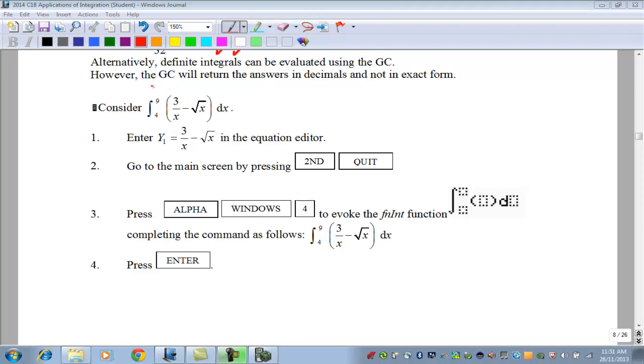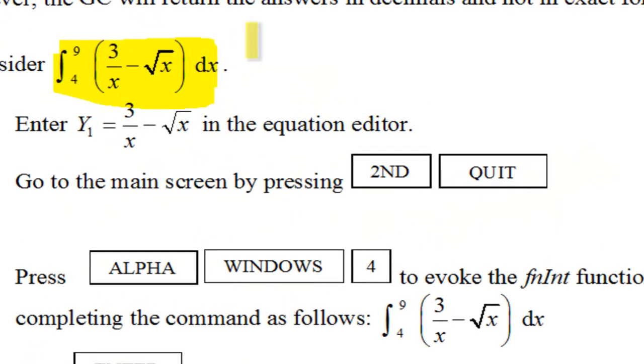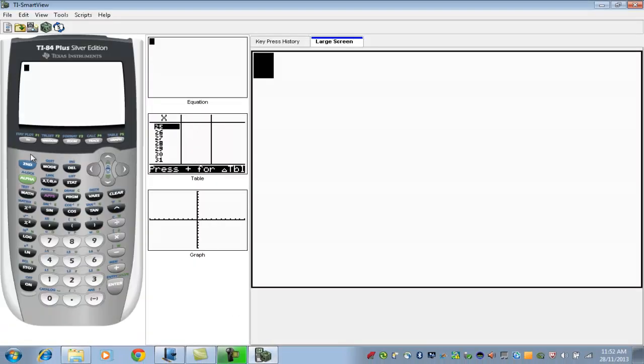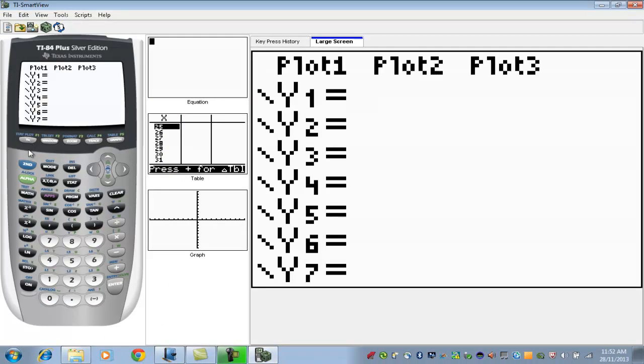So let us consider this definite integral. How do we actually evaluate this using our GC? So first thing first, click on y equal and key in the expression.